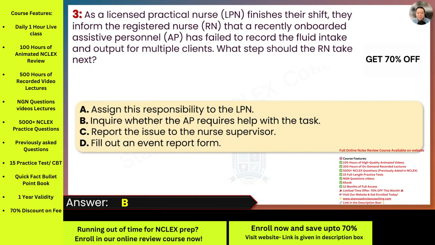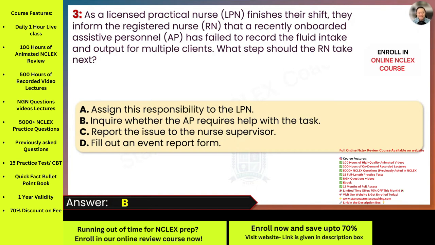So the RN in this case is responsible for managing the assistive personnel and the LPNs. And you don't jump to the supervisor unless the issue cannot be fixed at the RN's level. So you only escalate if the problem is serious and the assistive personnel is ignoring the instructions after being corrected, and also when patient safety is at risk.